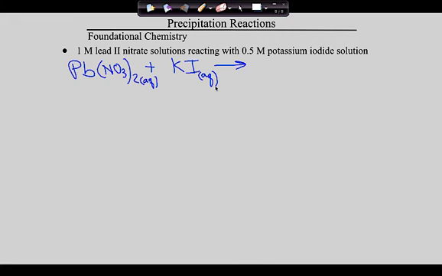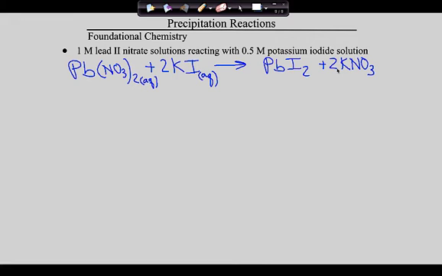So guys, in order to predict our products, the lead hooks up with the iodine, lead's +2, iodine's -1, PbI2, and then our other product will be KNO3. And then we need to balance it, 1 lead, 1 iodine, 2 potassiums, 2, and that balances. We will in a moment.